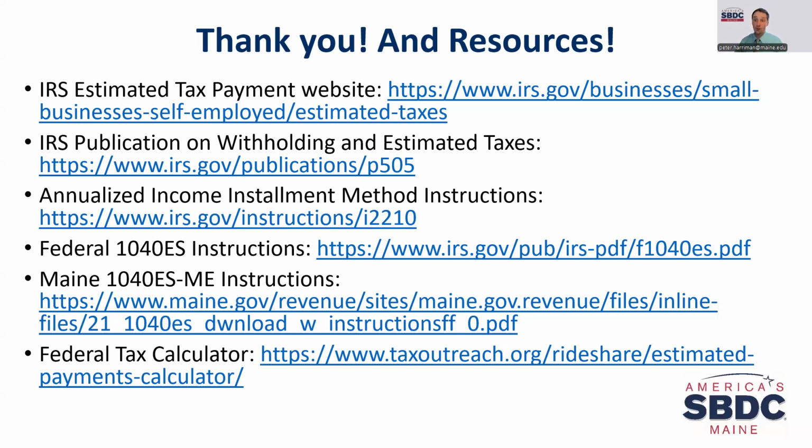If you underpay, well, then it comes down to did you pay 90%? Did you pay 100% of last year's taxes or 110%, depending on your adjusted gross income? Is there going to be a penalty there? Because remember, if you did 100 or 110% of your previous year's taxes, even if you owe money because you did really good, you did double what you did last year, that's okay.